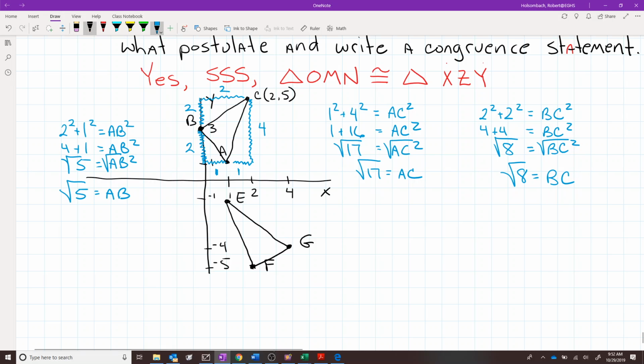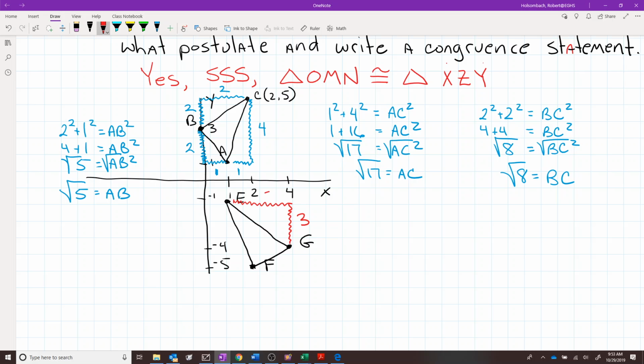Then you get to do the same thing to the bottom triangle. So we're going to do side EG. We're going to turn it into a right triangle. The vertical change here goes from -1 to -4. So that side is 3. The horizontal change goes from 1 to 4.